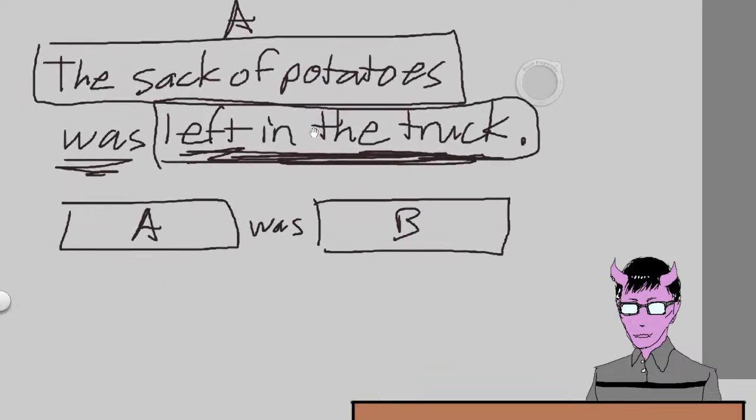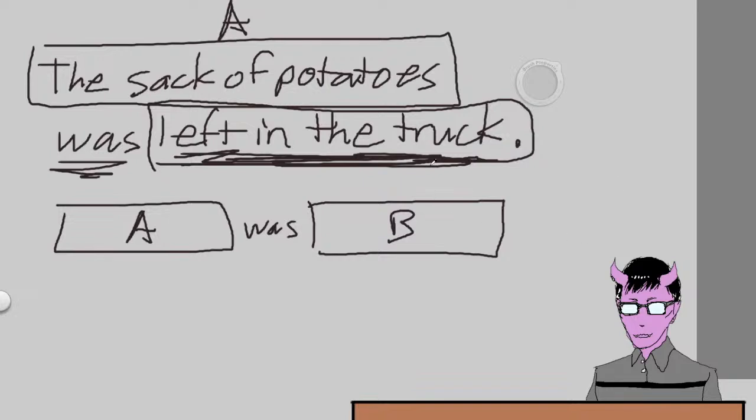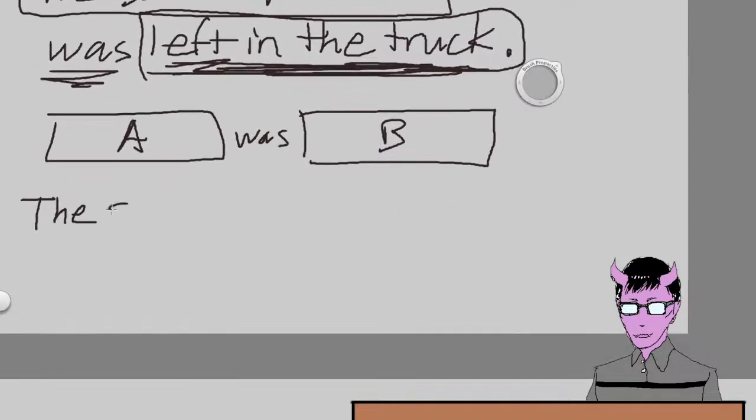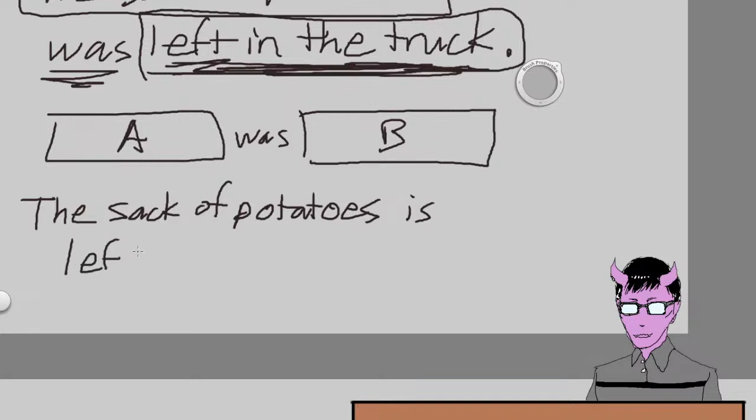So this is the sentence that we're talking about, but if there was a grammar problem, for example, the question might read, the sack of potatoes, is, you know what? No, let me change this.